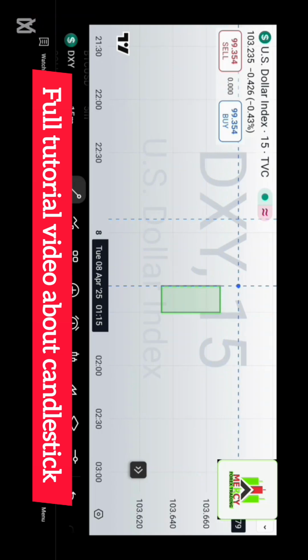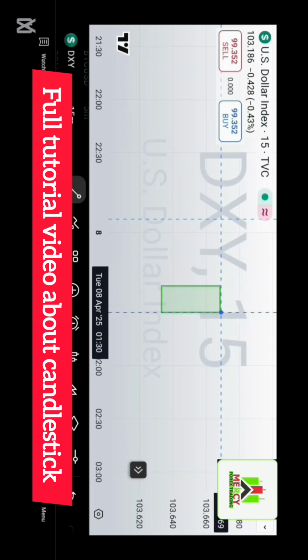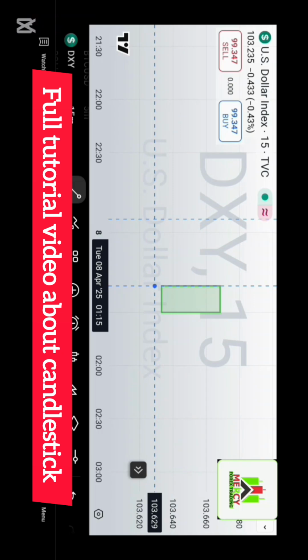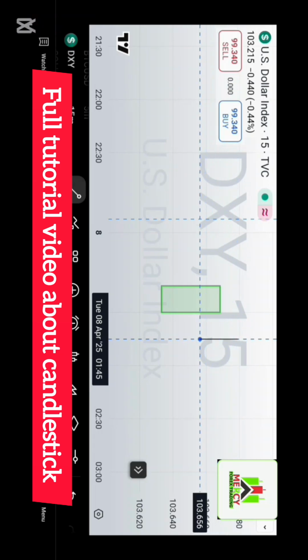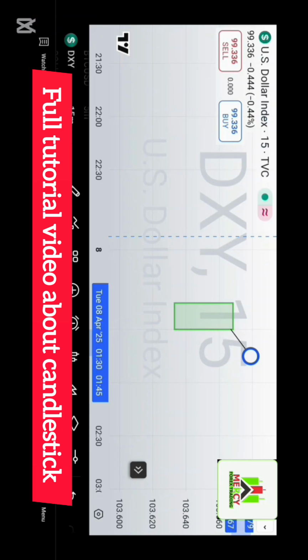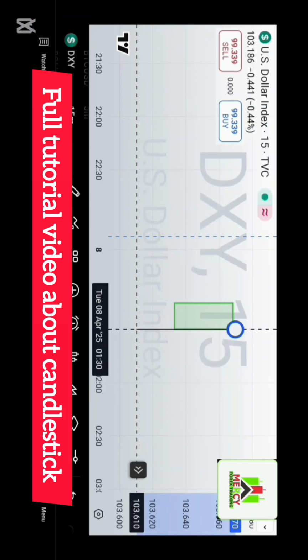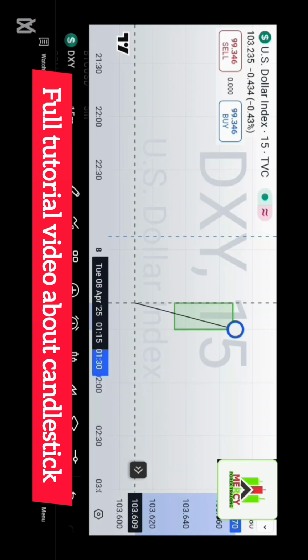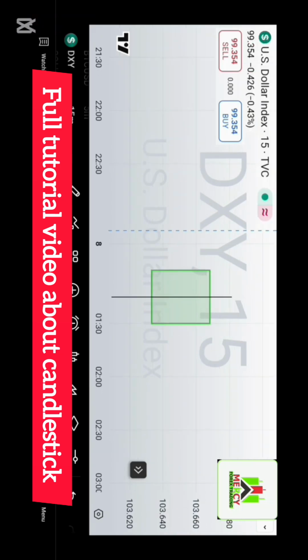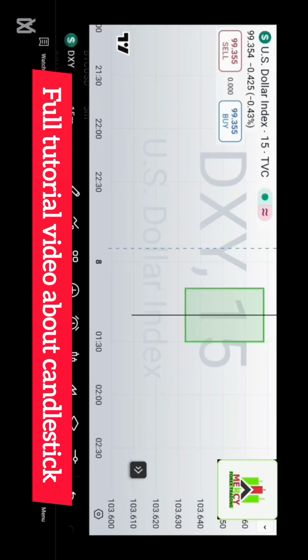Sorry, I'm trying to do this well. This line that you see there, with no body in it, is called the wick.